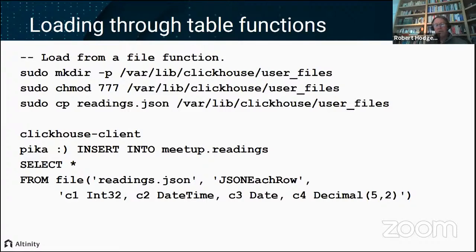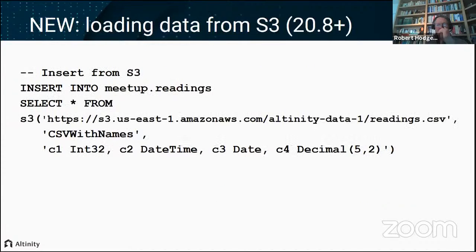You have to give it a clue what your data types actually are, and this is an example of how you do it. This particular table function requires the files to be in a known location where ClickHouse can find them, by default /var/lib/clickhouse/user_files. So those commands up above are just getting the data out there where it can be read. And that's a little cumbersome.